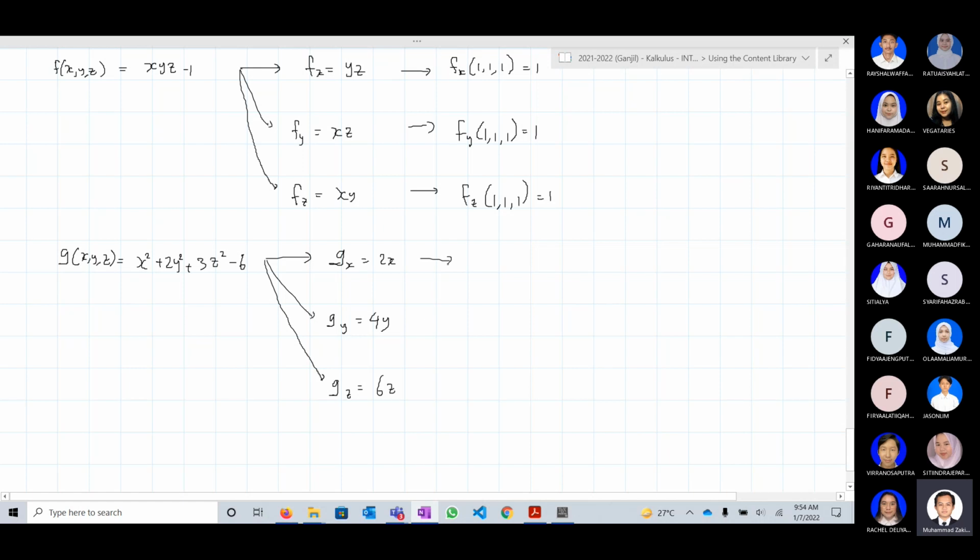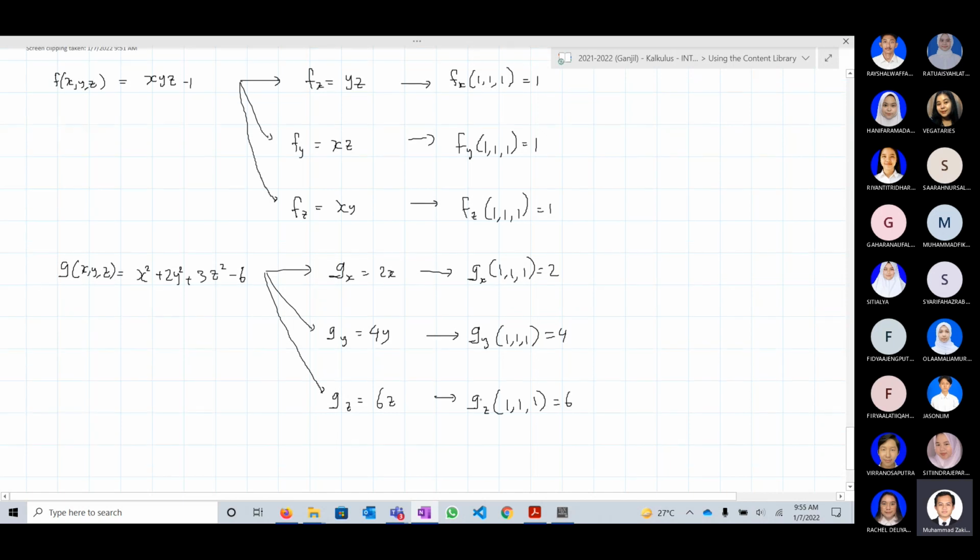Then we have that gx at (1, 1, 1) is 2, gy at (1, 1, 1) is 4, and gz at (1, 1, 1) is 6.